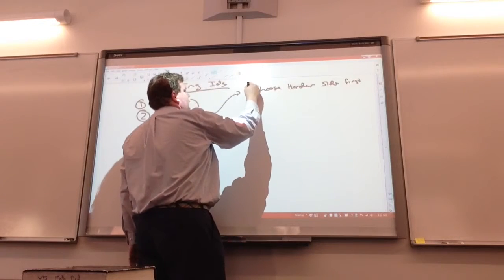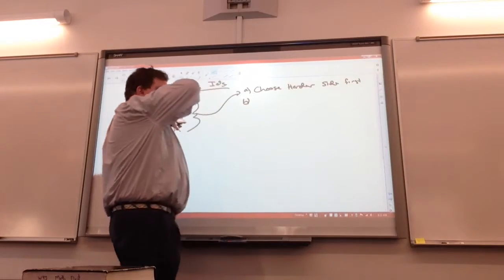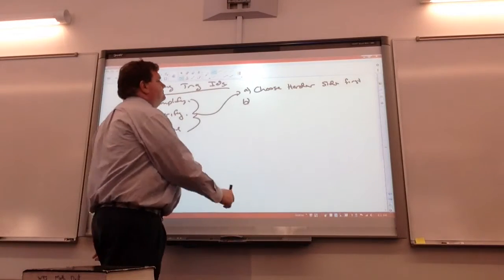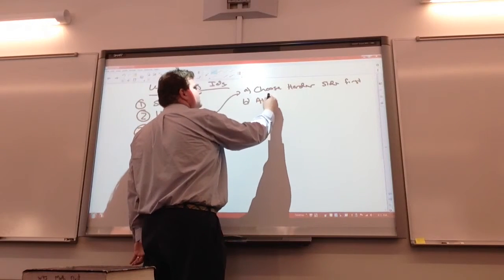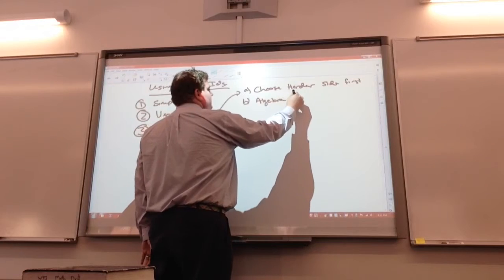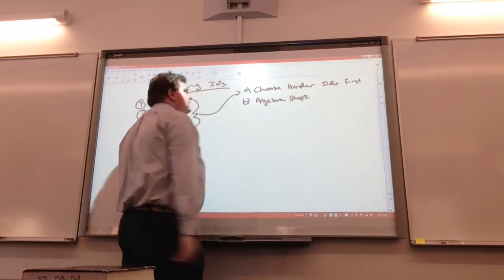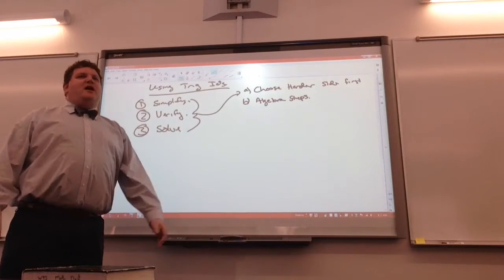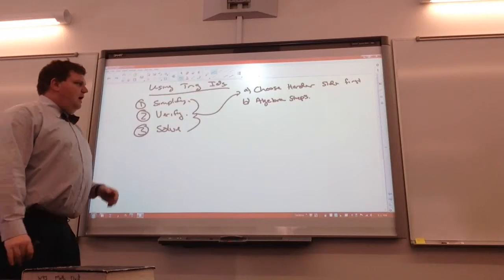Okay, then what do I do? Basically any algebra steps. If you can add things together, add them, factor things that can be factored, get common denominators, that sort of thing, okay?